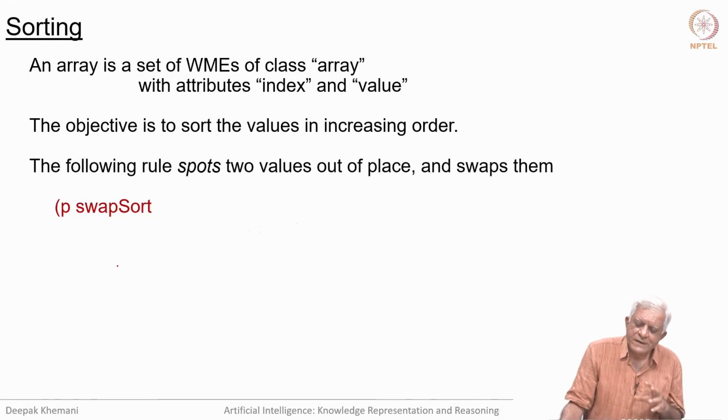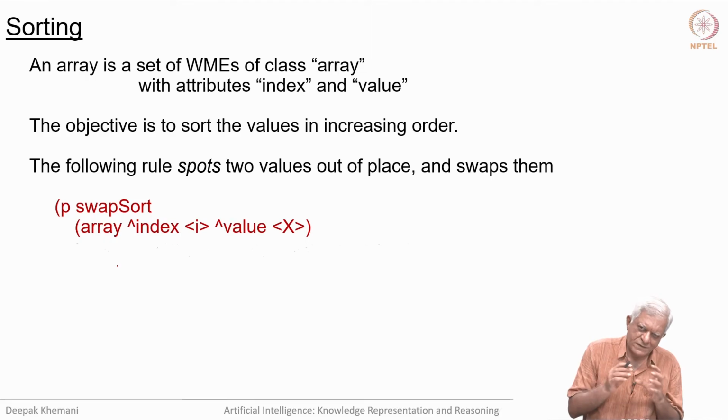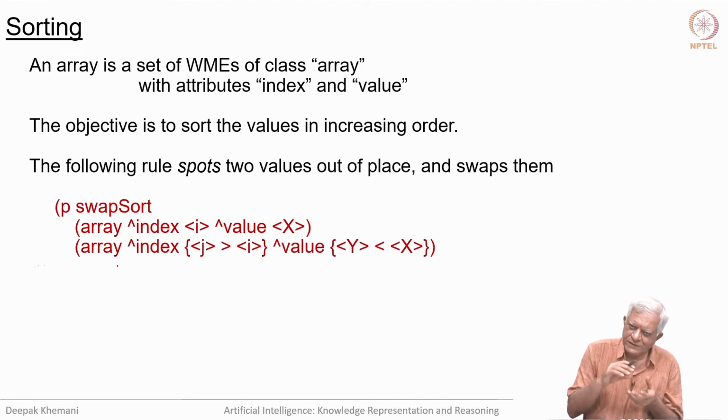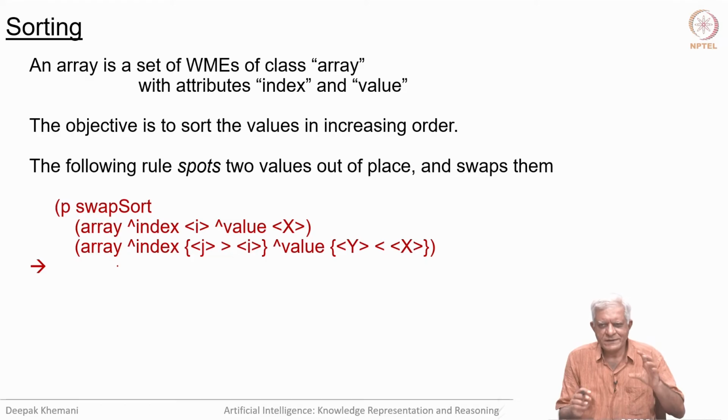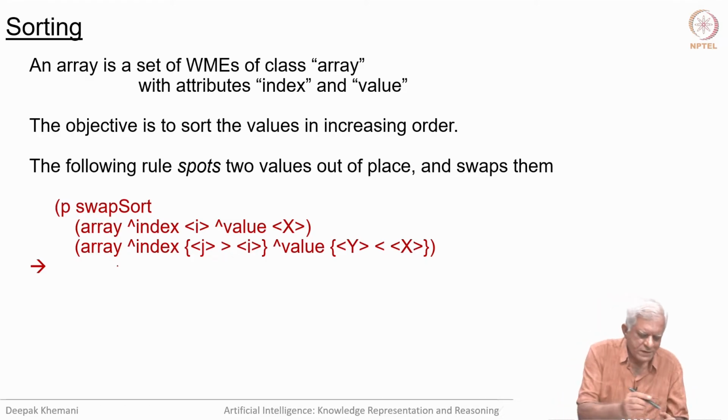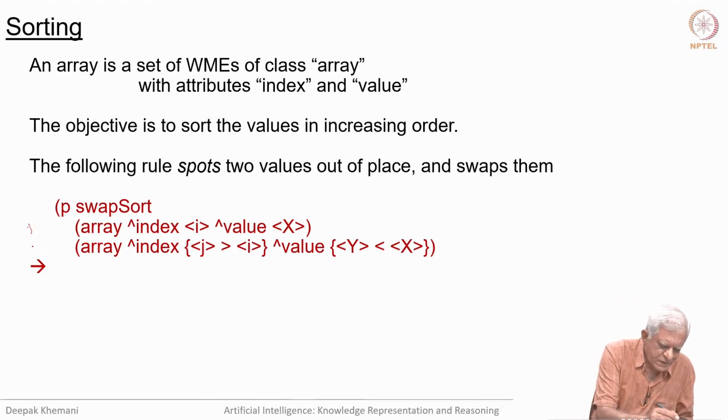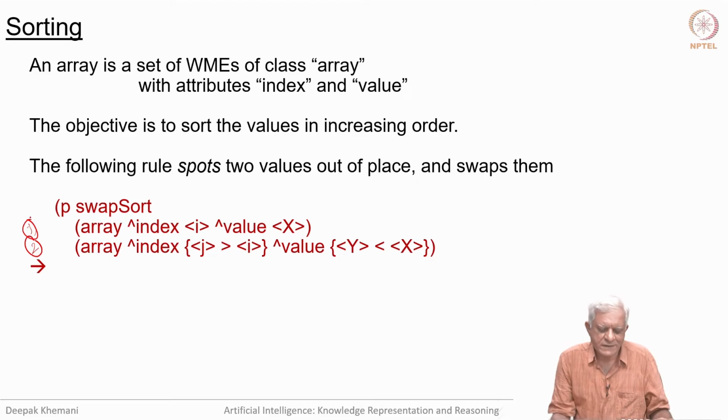This rule spots two values which are out of place and swaps them essentially. Which two values? We are not saying. It is saying that this will match two records, record 1 and record 2. I am just calling them 1 and 2, or maybe I should call them i and j.